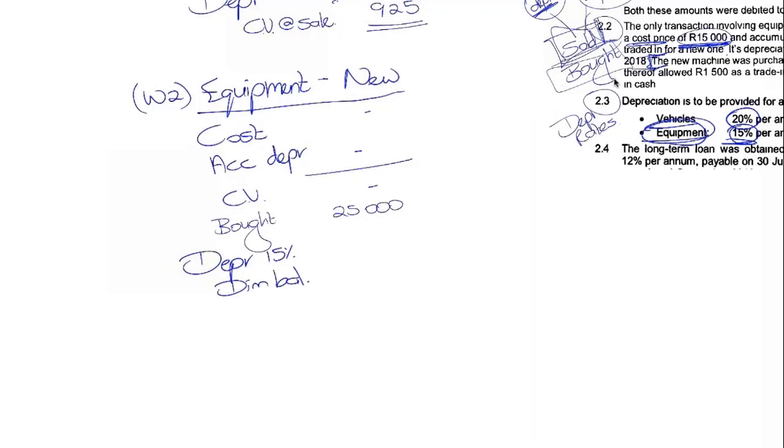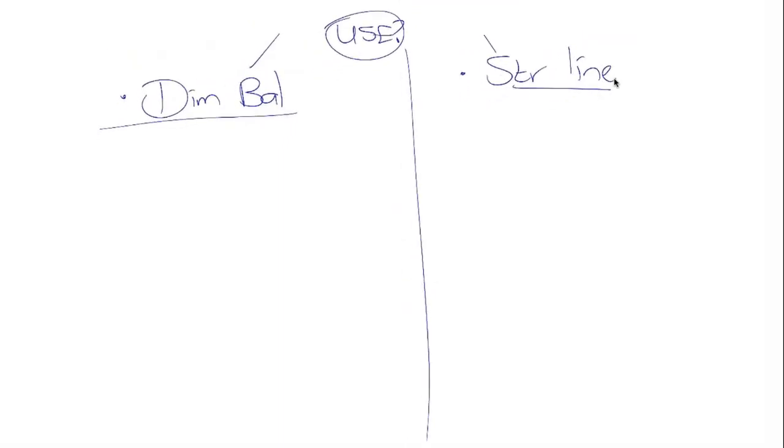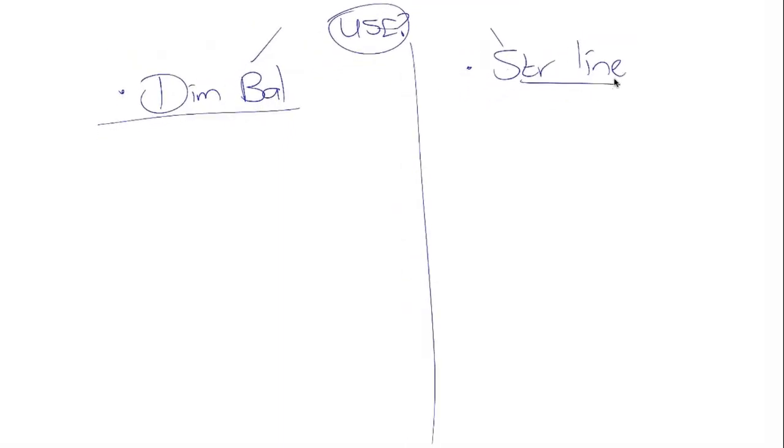Okay, so the idea behind diminishing balance, put this on a new page because I want to explain the idea or the difference between your straight line and your diminishing balance, and straight line is always the easiest because it's nice and simple. The difference between this is basically very simply how you use the value of the asset, if you want to put it that way.